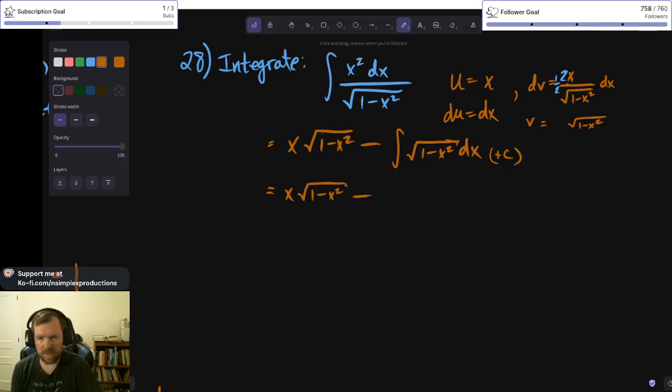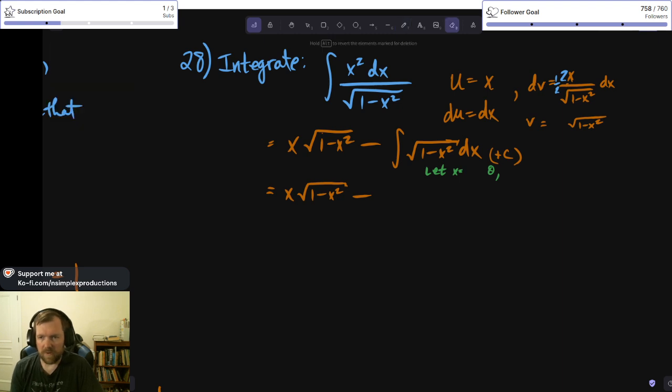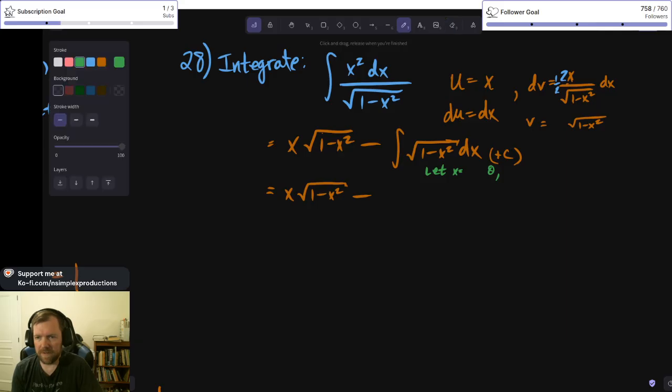Minus. Okay, so at this point, what we want to do here is we can let x be equal to sine theta. Let's do sine just because the derivative won't be negative. It's not going to matter. dx is equal to cosine theta d theta.